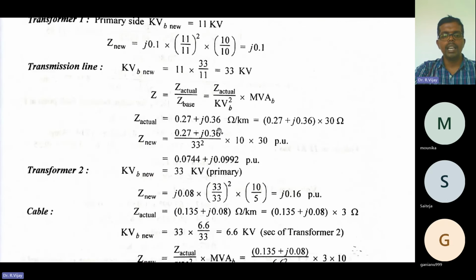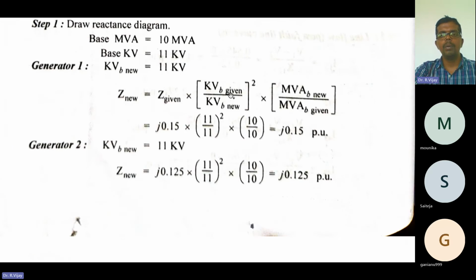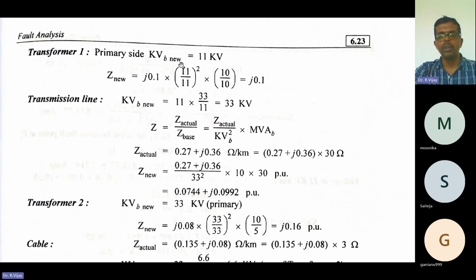For the transformer also, it's the same formula: Z new is equal to Z old into KVB old divided by KVB new, the whole square, into MVA new divided by MVA old.